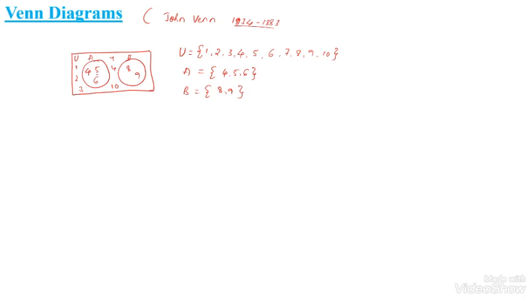Based on Venn diagrams, we will discuss the operations on sets. Mainly there are three operations: union of two sets, intersection of sets, and difference of sets. When we consider two or more sets, we compare them using these operations.